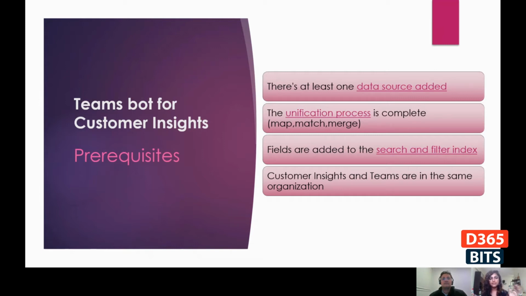You'll be doing this in the Customer Insights instance, and you need to add some fields to the search and filter criteria, because you're going to index your customer profiles when they are unified, so that when you search from the external source, it gives the result based on the search query. That's the reason why we need to do indexing. And most importantly, Customer Insights and Teams should be within the same organization.